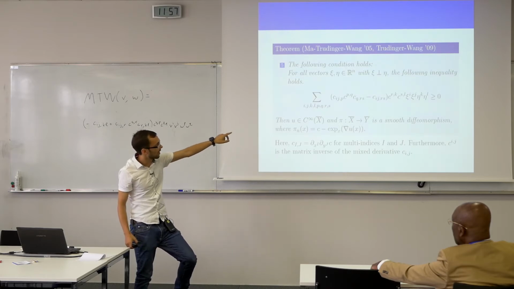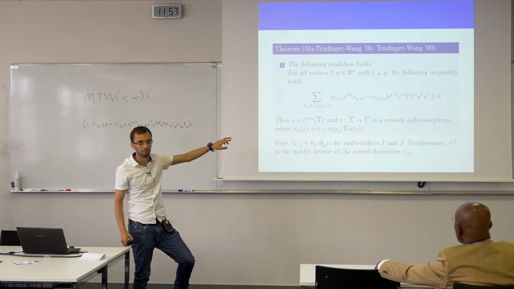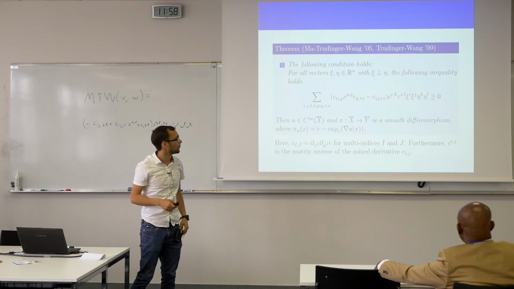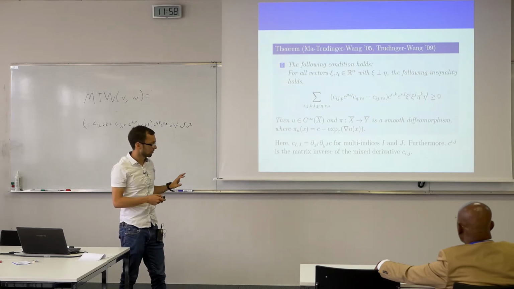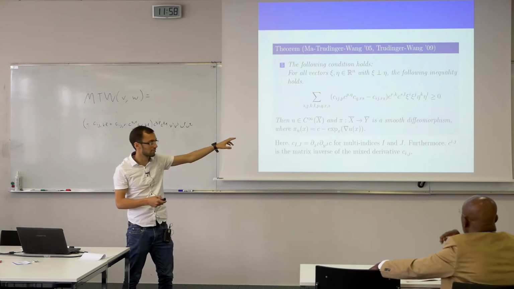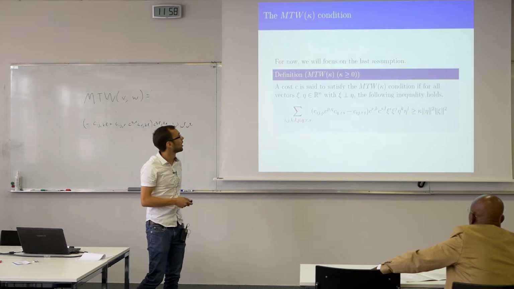So C_{ij,rs} is two derivatives with respect to x, x_i and x_j, and then two derivatives with respect to y, y_r and y_s. And furthermore, when I raise a C_ij to a superscript, that's taking the matrix inverse.